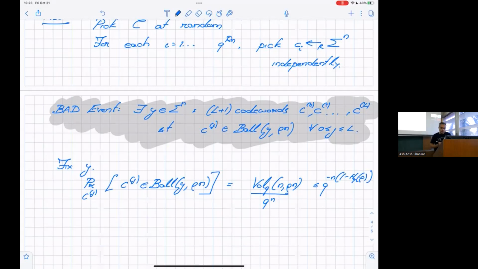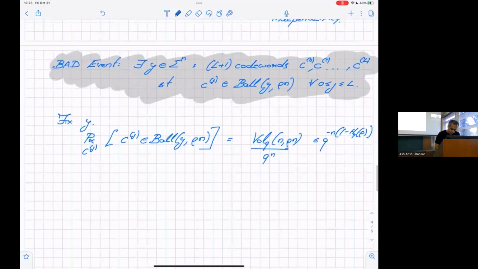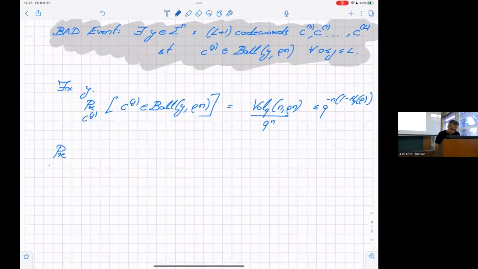Now we not only need this condition for one, we want this for all L plus 1 code words. So basically we are asking the probability that C0 all the way up to CL, for all j going from 0 to L, Cj is in the ball around y.